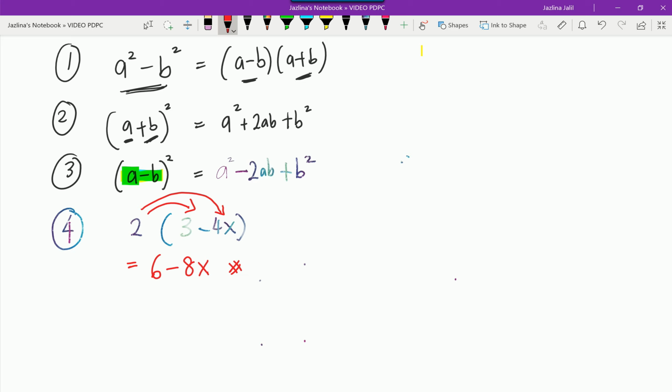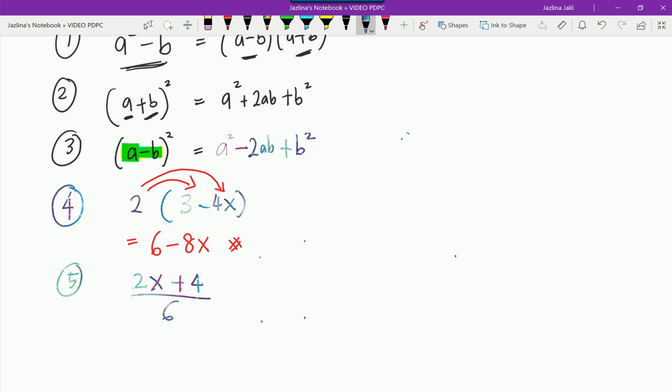Okay, and then the next tip, this one is actually a common mistake. My students also commonly make this mistake. For example, I give you this: (2x plus 4) over 6.